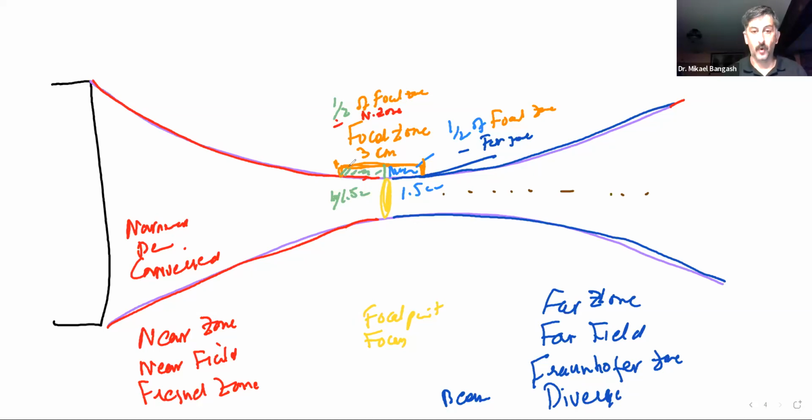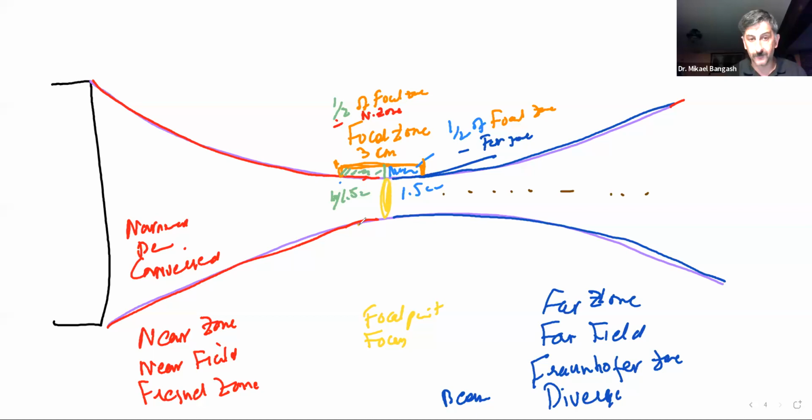But the focal zone is an area or a zone around the focus, where half of it extends into the near zone, the other half extends into the far zone. What if we had a smaller focal zone?